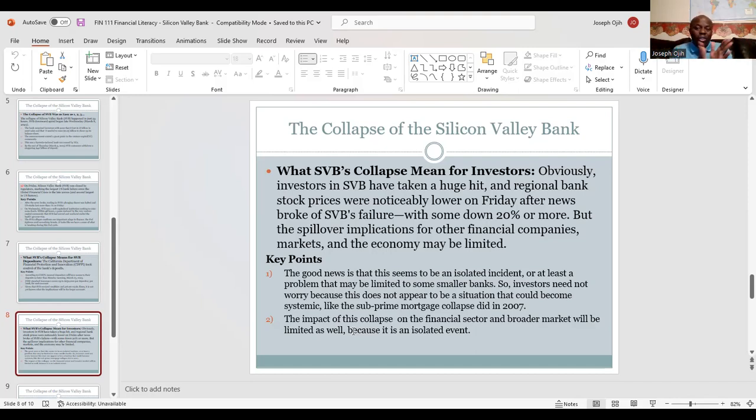But this one is isolated to Silicon Valley Bank. So investors need not worry, because this does not appear to be a situation that could become systemic, like the subprime mortgage collapse of 2007. In other words, the impact of this collapse on the financial sector and the broader market will be limited because it's an isolated event.